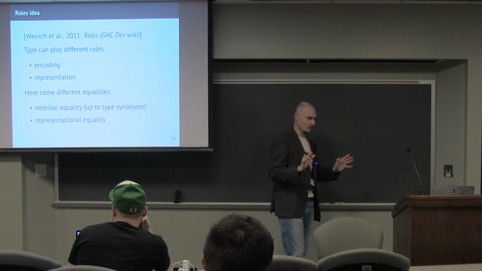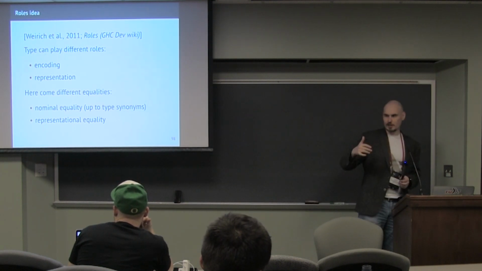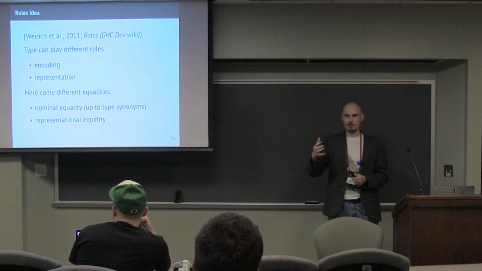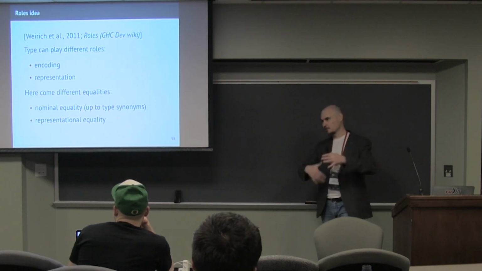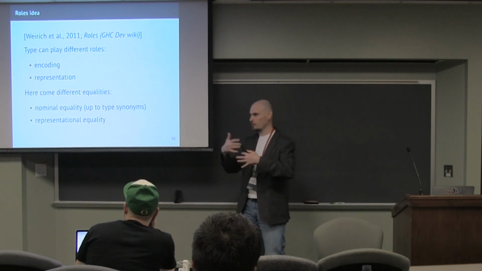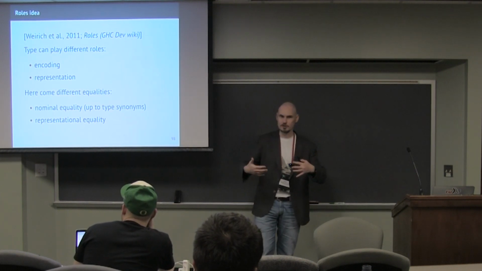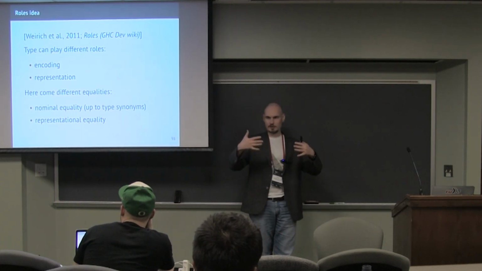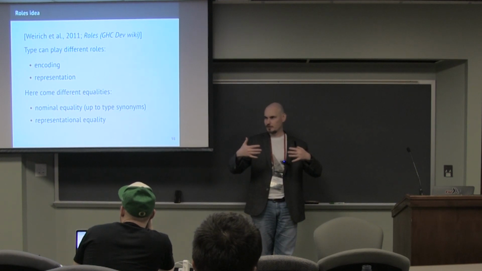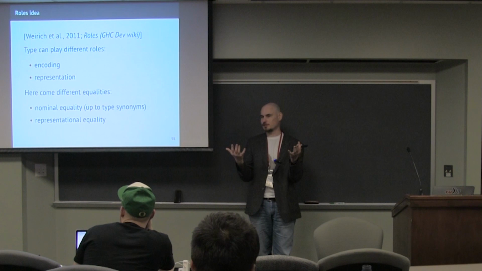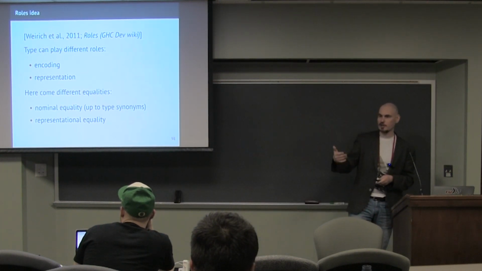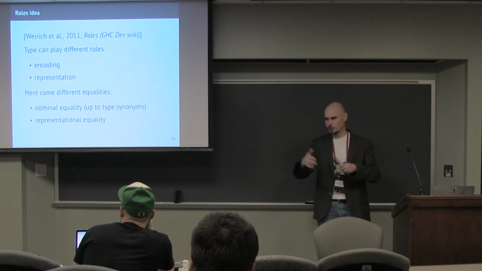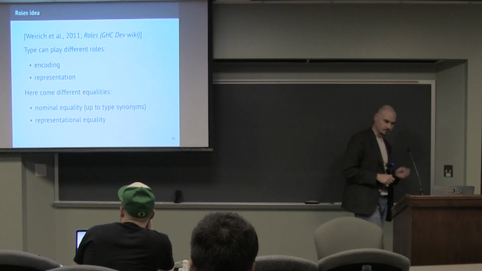But Age and Int, they are equal differently. They're equal in their memory representation, because they both will use the representation for integers. But they will be different in terms of nominal equality. So they're nominally different types. And that's very useful for us because we type check and we don't want to use them interchangeably.